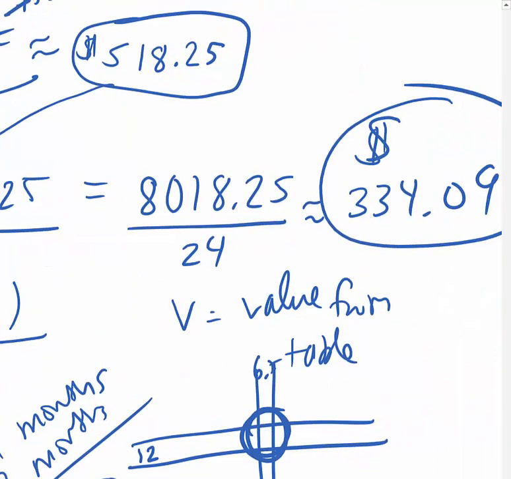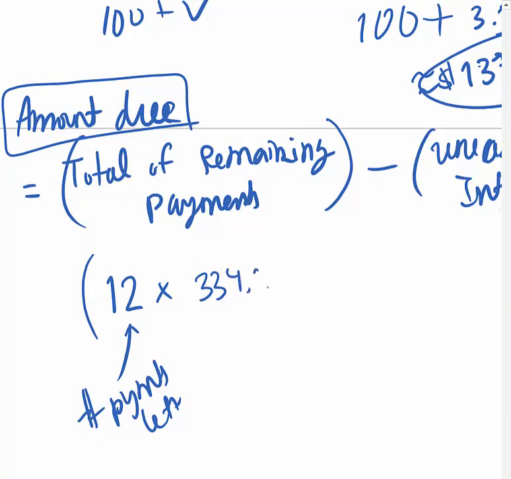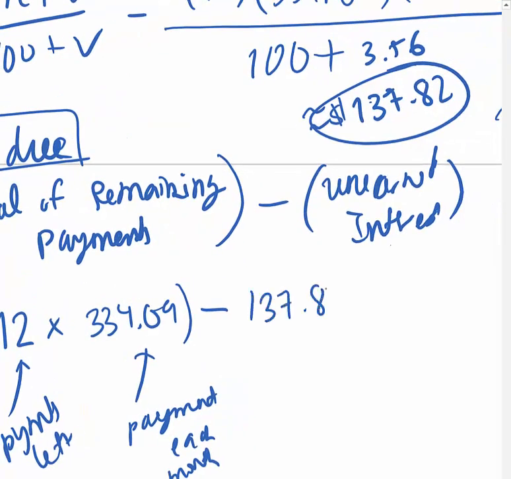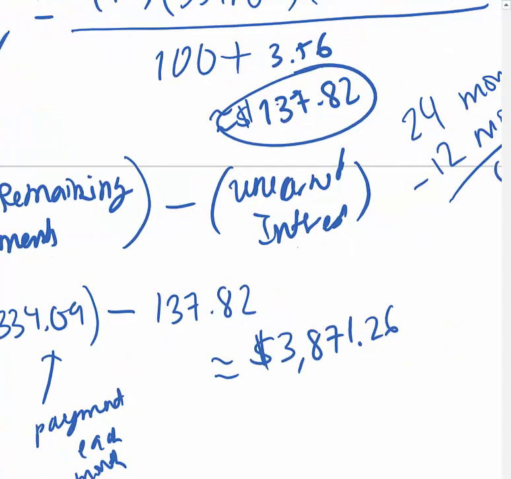Yeah, part B. 334.09 payment each month. Okay, minus the unearned interest, which we just found, right, was 137.82. Alright, so I just need to calculate that guy and then we'll be done with this section. That's kind of sad, but... Alright, and according to my calculator, I got $3,871.26. Alright, there we have it.